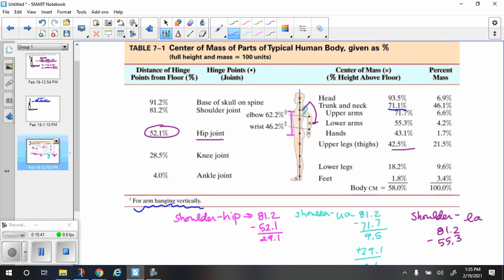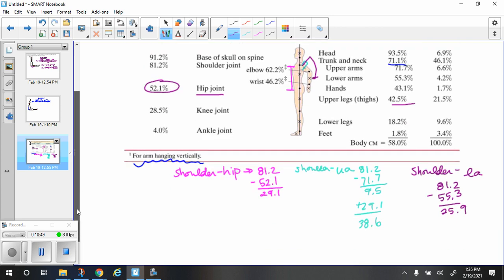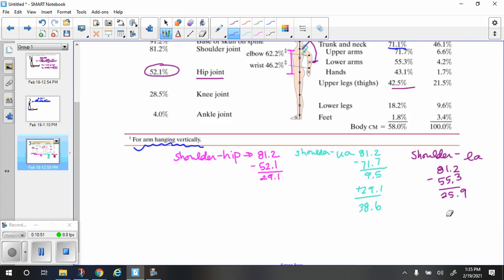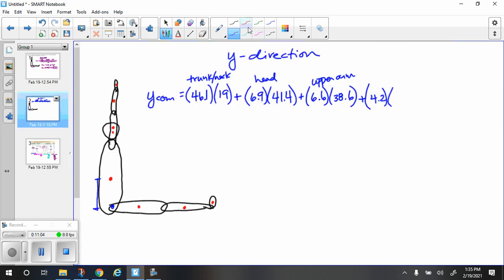And that's going to give us 25.9. And then I'm going to add 25.9 to 29.1. And that gives me 55. So in this equation, I put 55 right here. And that is my lower arm.